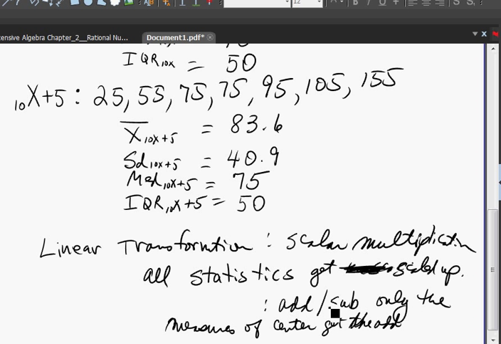If you do an addition or a subtraction, this one was an addition that we just did, only the measures of center get the addition or the subtraction. The measures of spread stay the same.